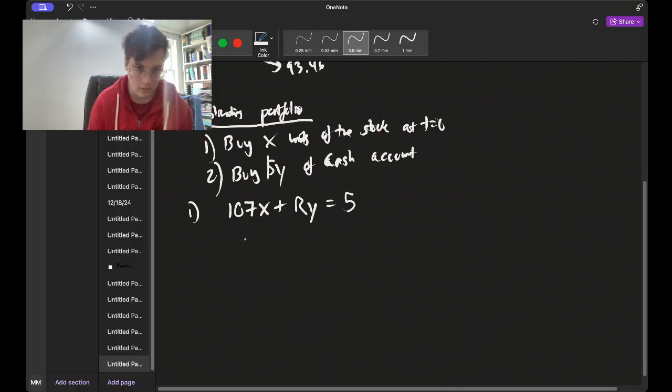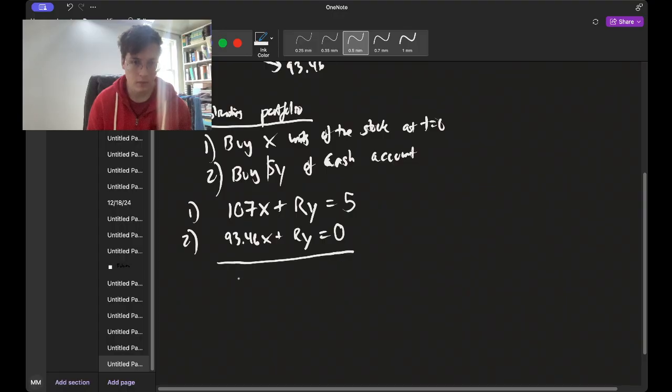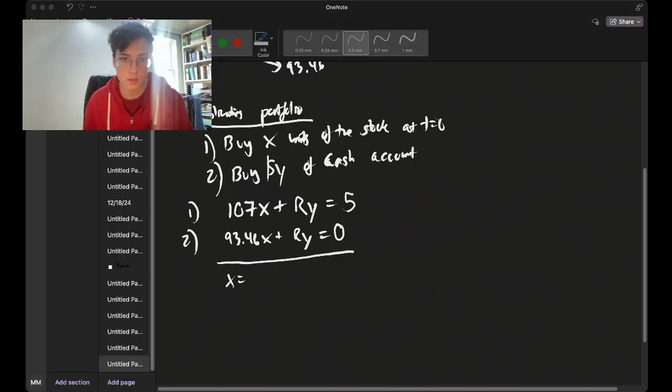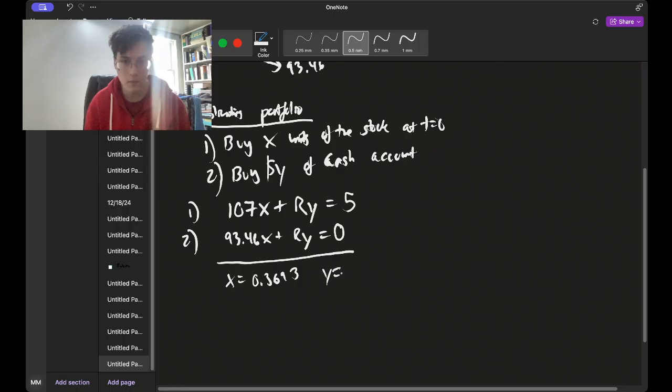Or in the other case, 93.46 times X plus rY is equal to 0. Then we can solve this and get X is 0.3693, Y is equal to minus 34.1708.